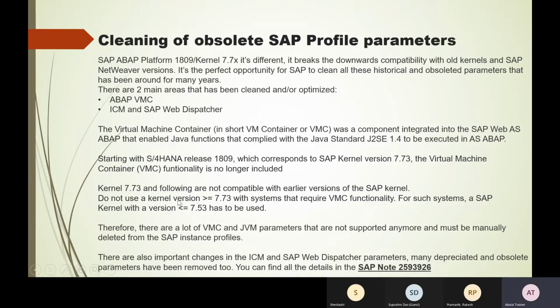Kernel 7.73 and the following are not compatible with earlier versions of the SAP kernels. Do not use kernel version greater than or equal to 7.73 with a system that requires VMC functionality. So if you use the VMC functionality, then don't upgrade your kernels to 7.73.